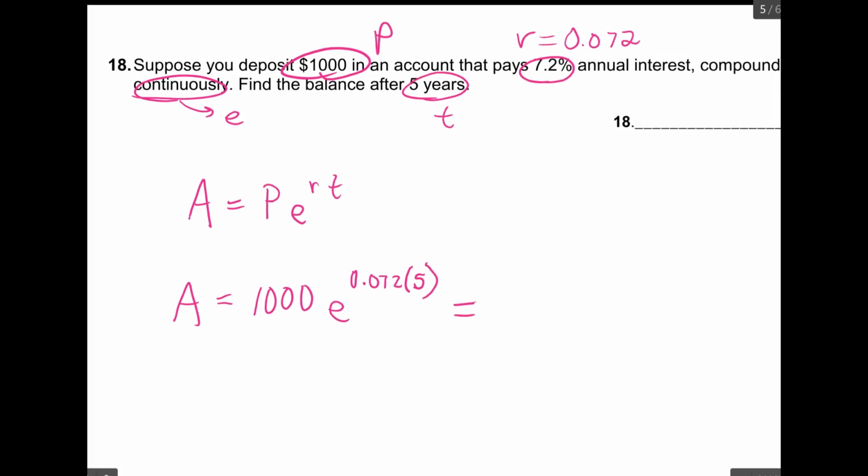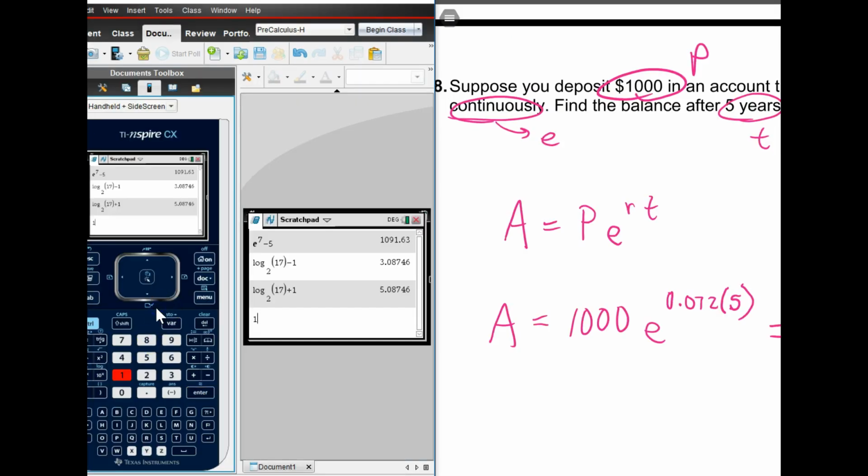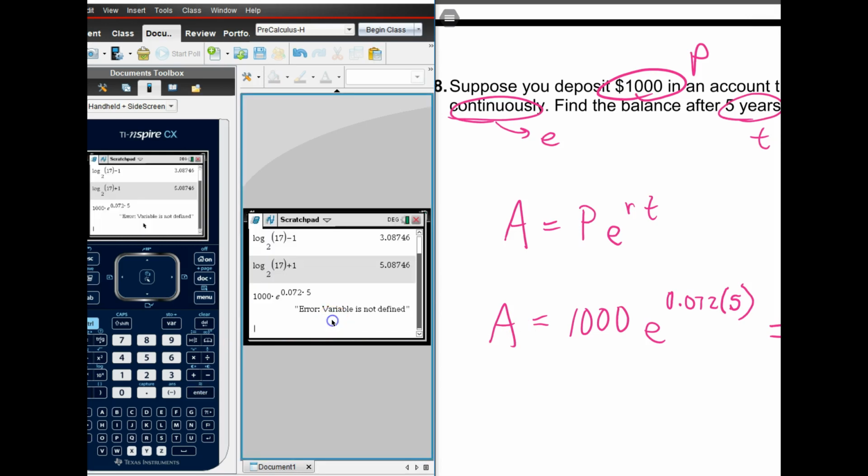Put this in your calculator so I can show you how to do this. So I have 1,000 times e to the 0.072 times 5. You can slow that down if you want to see which keys I pushed. It looks just like on the right side. Oops, my bad. 1,000.